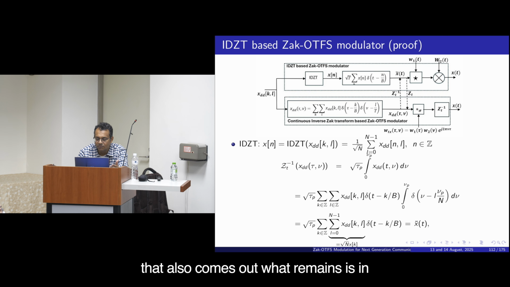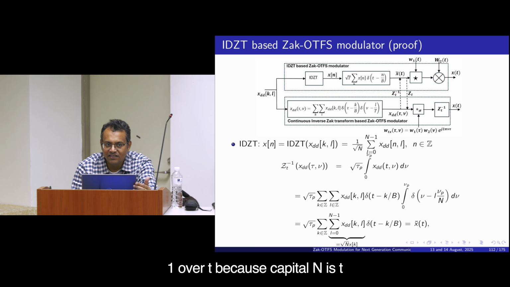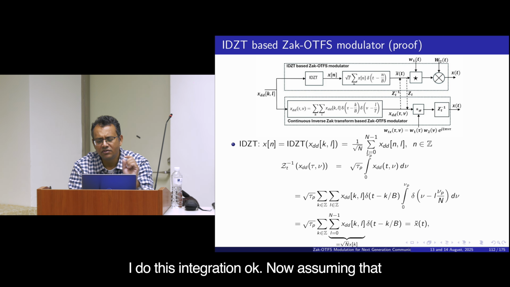So, that also comes out. What remains in the integral is only this part. Now, nu p over capital N is the same as 1 over T, because capital N is T times nu p. So, this is the same as l over capital T, and now I do this integration.